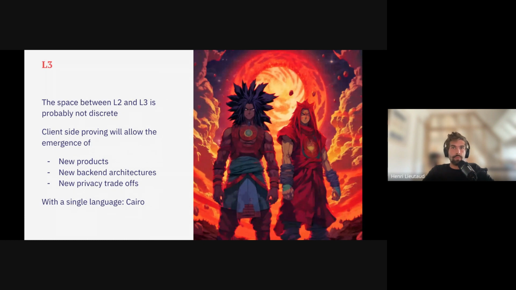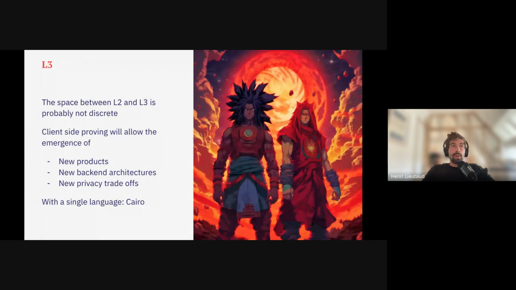StarkX is not a blockchain. It's a state machine that transitions from state to state and is operated off-chain. If you're able to build this kind of machine and operate and prove it off-chain, you may run your own L3, which is not exactly an L3. Maybe it's an L2.5. I don't know how to call these, but they're different creatures. They're not proper blockchains.